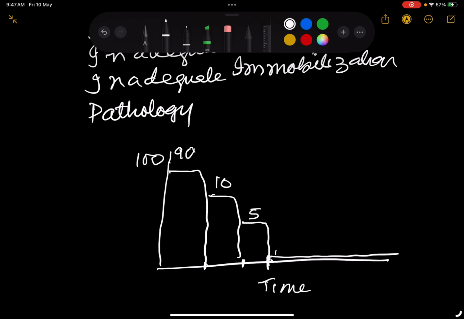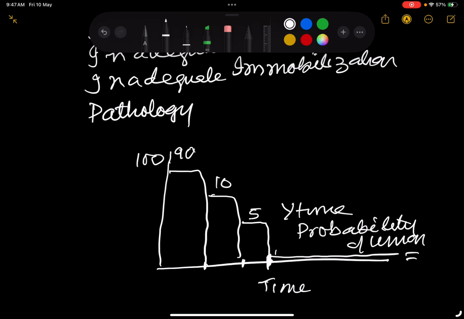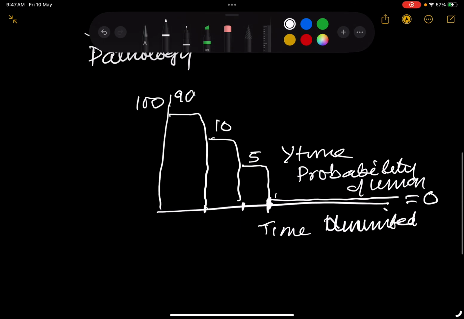So if this time has passed, then unless and until you interfere, the probability of union becomes 0. Alright. So after Y time, if the probability of union is equal to 0, then at this stage, if you detect ununited fracture, clinically or radiologically, then you say it is non-union.